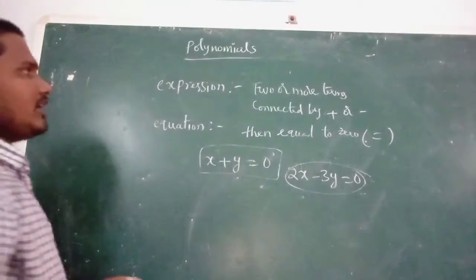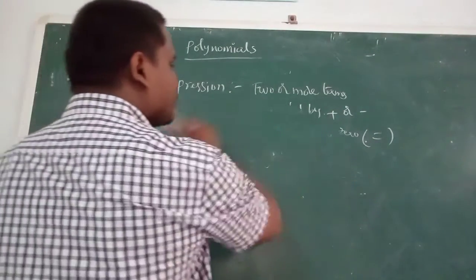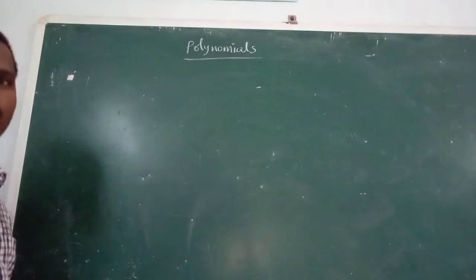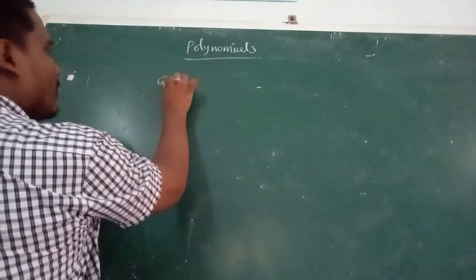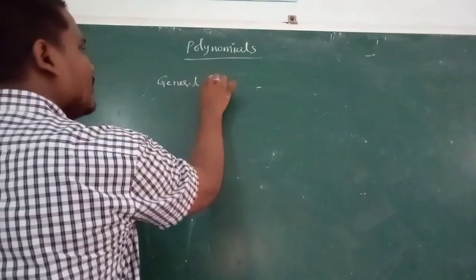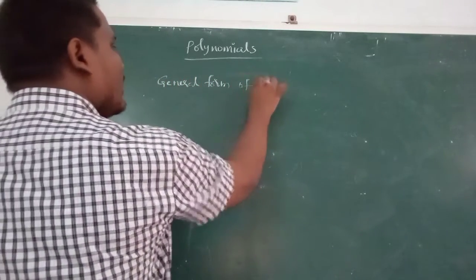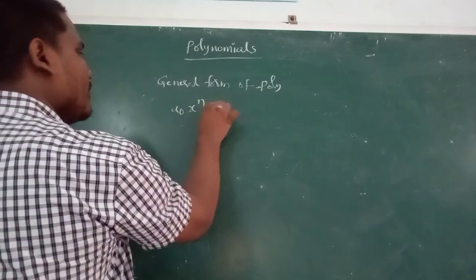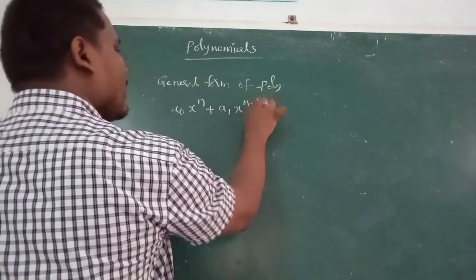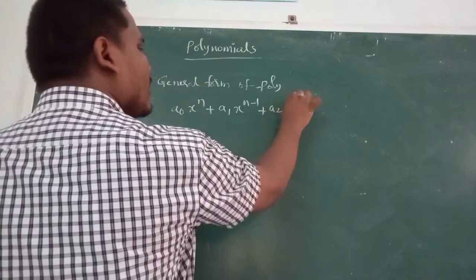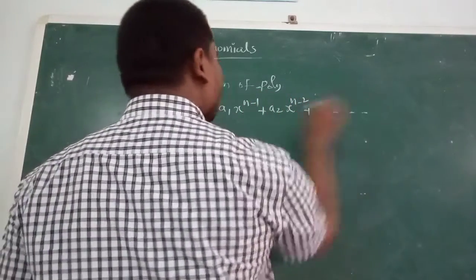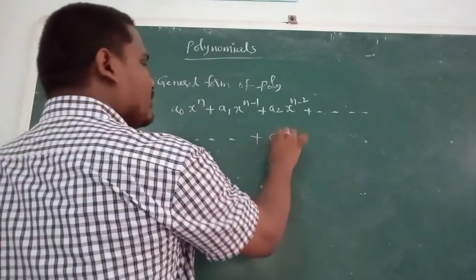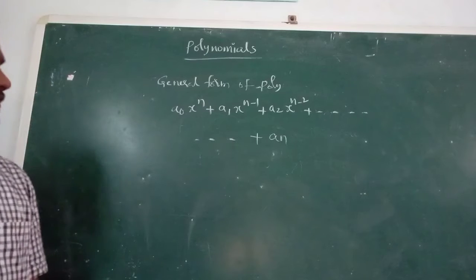Then what about the polynomial? What is the general form of a polynomial? The general form of a polynomial is a naught x to the power n plus a1 x to the power n minus 1 plus a2 x to the power n minus 2 plus and so on up to an.